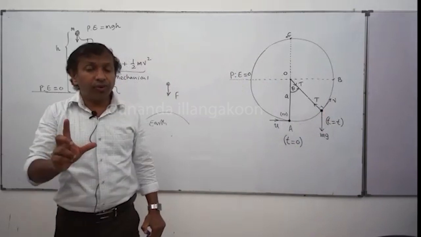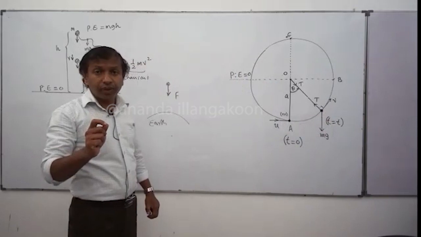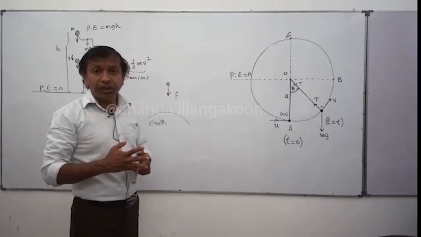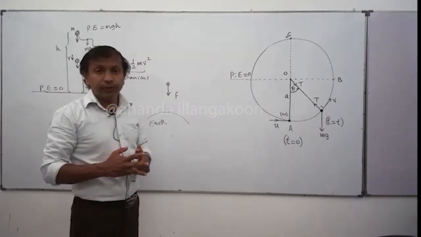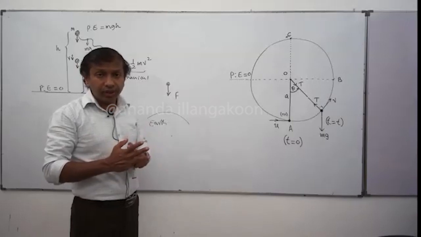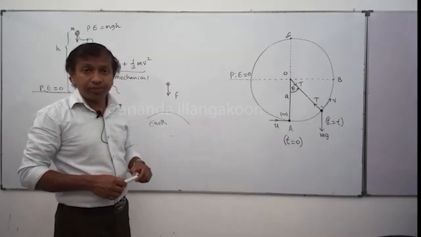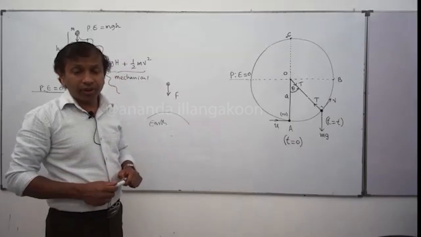Understand? So in this case, to obtain one equation, we use the mechanical energy. At the initial instant, the total mechanical energy, and at time t, the total mechanical energy should be equal to each other. Thereby, we can obtain one equation.